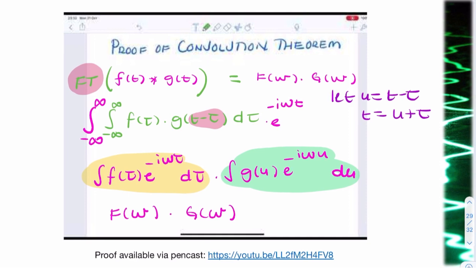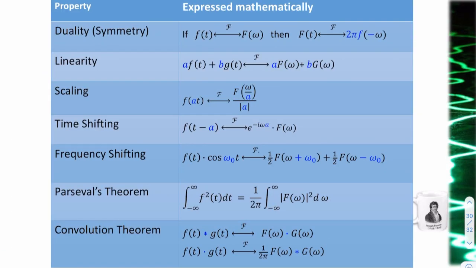So that was the final property that I wanted to look at. And this is the summary of the properties we've done today. So this is the convolution property, or the convolution theorem. This is Parseval's theorem that came before that. We've looked at frequency shifting, time shifting, scaling. Remember, multiplication of the independent variable by a.